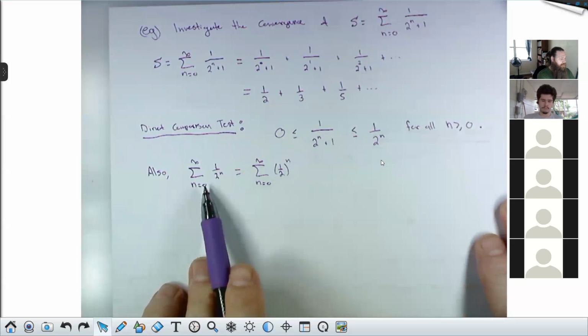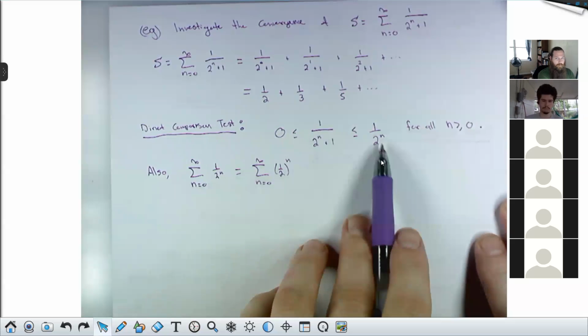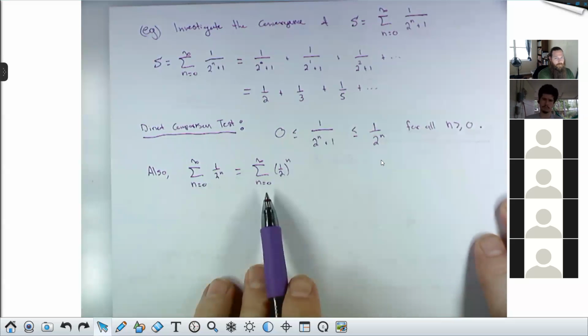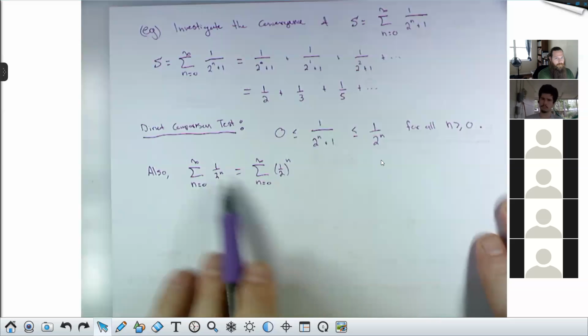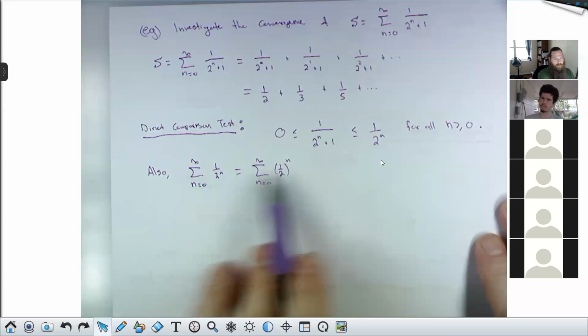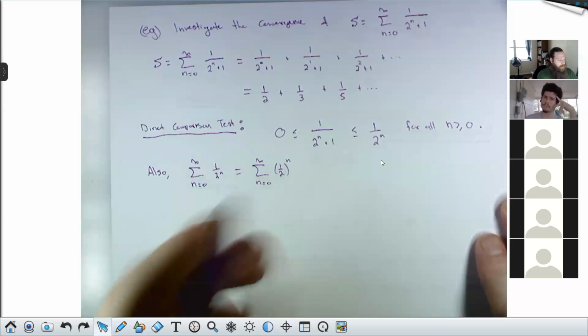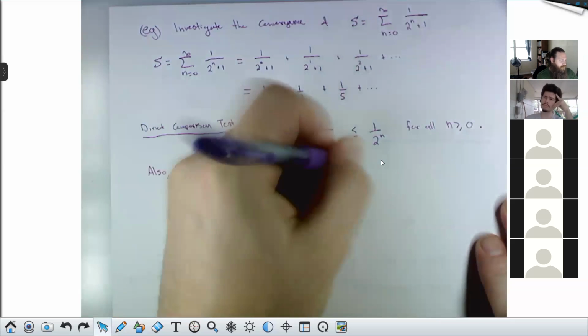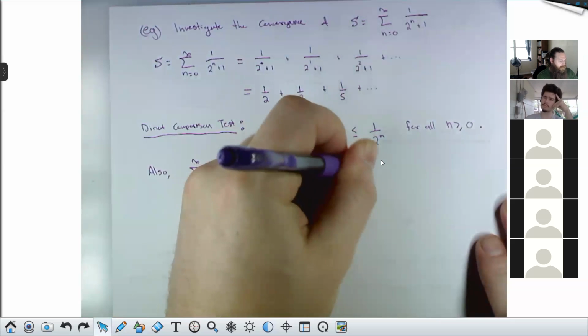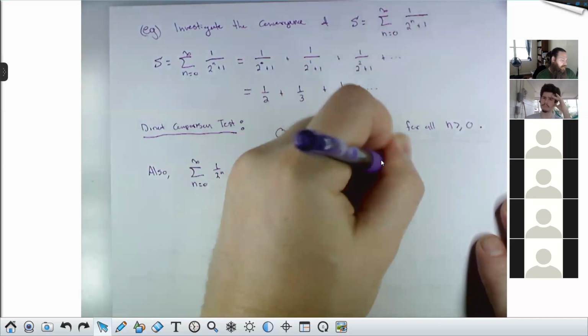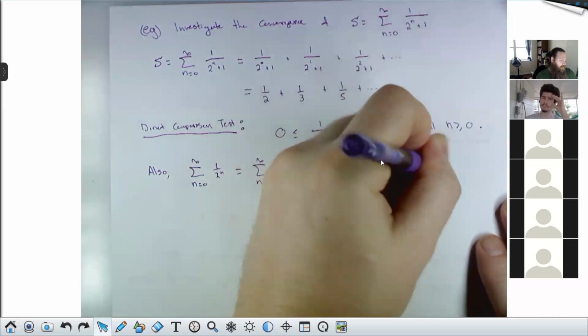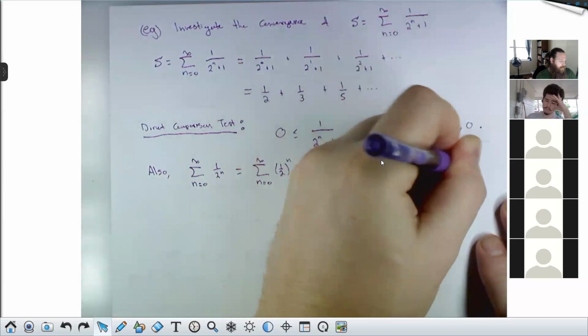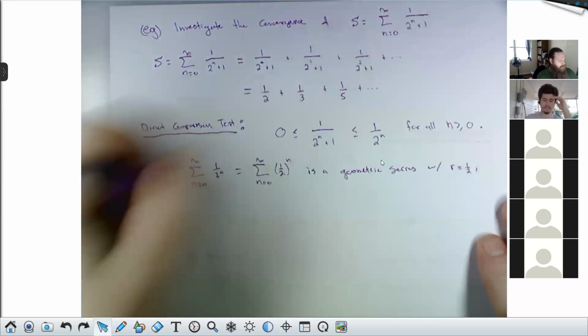And then this, which is the sum of the thing on the right, is equal to this, just because (1/2) to the n is the same as (1/2) to the n. And this is a geometric series with r equal to 1/2.